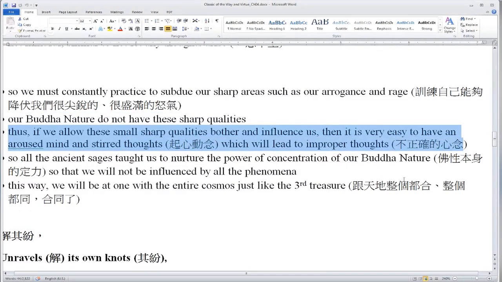If we don't control or smooth out our sharp edges or qualities, that could influence us, and it's easy to then have a stirred mind, an aroused mind, which will start us down the path of having improper thoughts, etc.